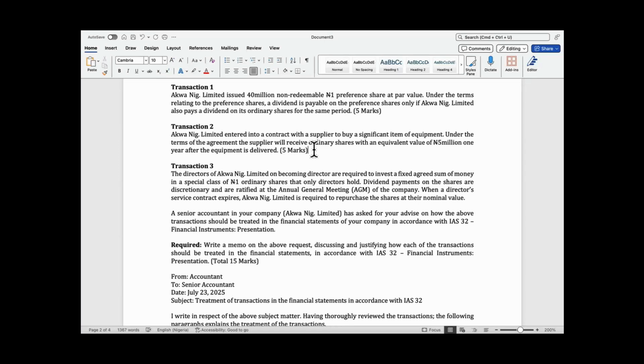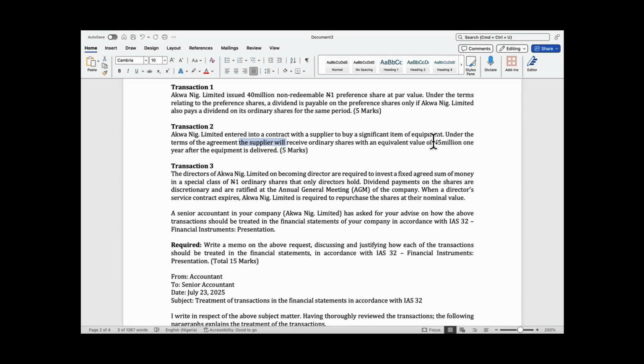However, how did we pay? We paid with our shares. You say under the terms of the agreement, the supplier will receive ordinary shares. This shows that Aqua Nigeria Limited is doing a share-based payment, is receiving assets, and the consideration given for that asset would be his shares.